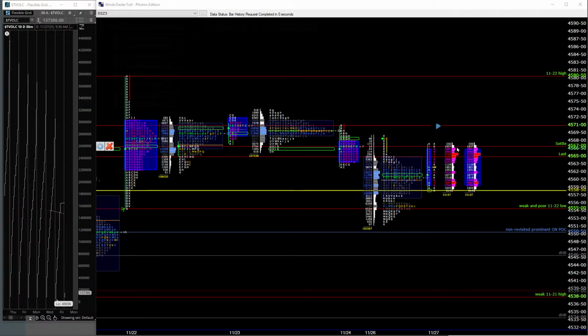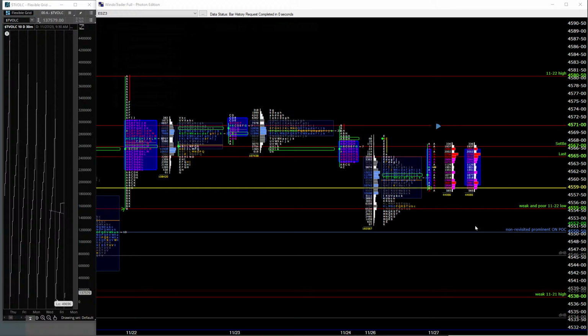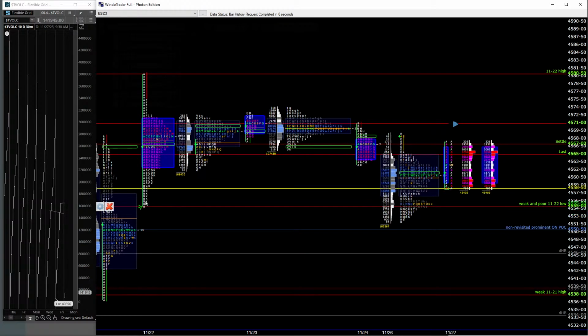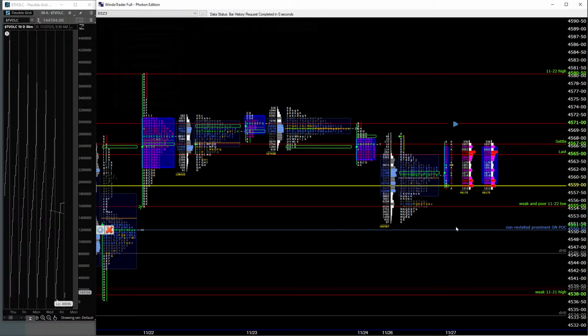Mechanical selling, very mechanical market here. The market is obsessed with this low here. This is the potential destination of this movement that is happening right now, five minutes into the session.